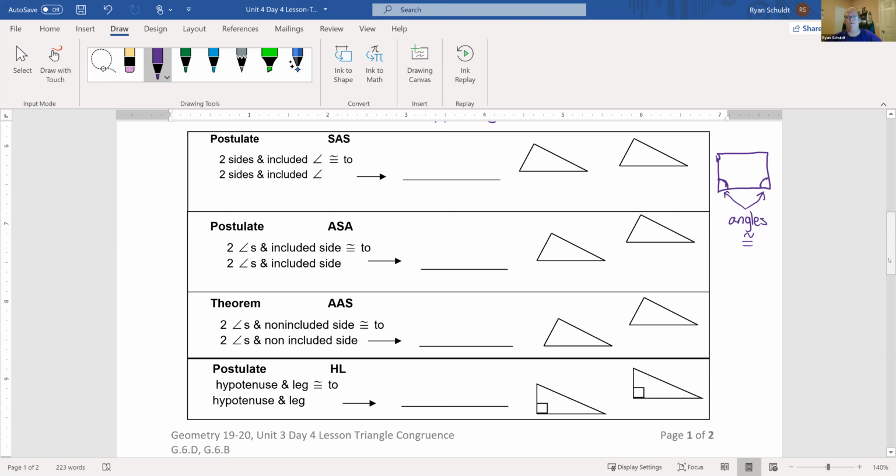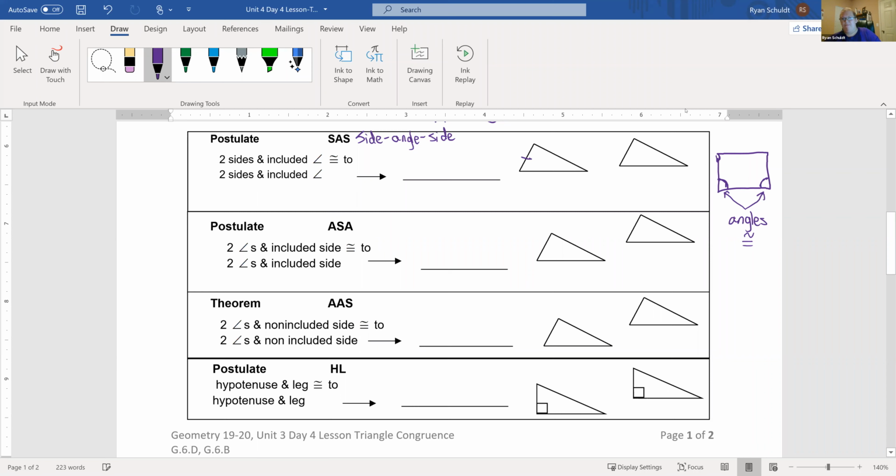Okay, so next one, SAS. This stands for side, angle, side. Now, when we do these, they have to be next to each other. You see that angle that's sandwiched in between the sides? That's exactly what has to happen on the other triangle.